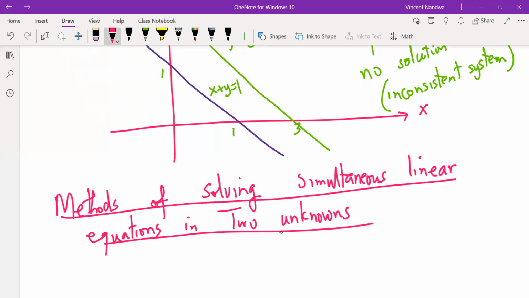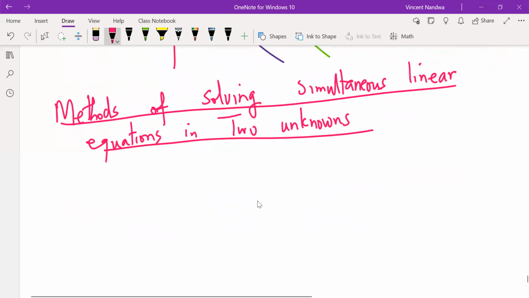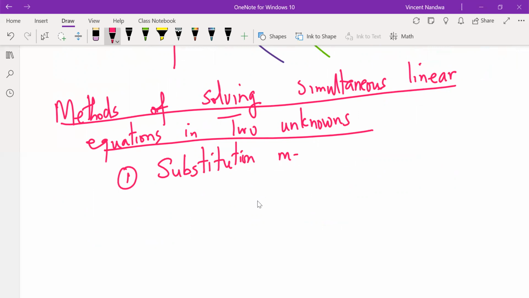The first method is the substitution method. Next, we have the elimination method.